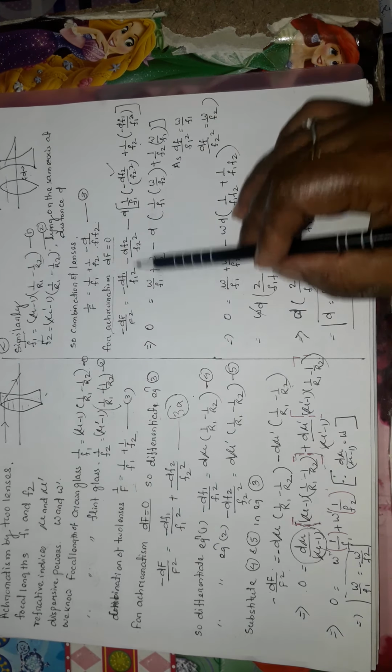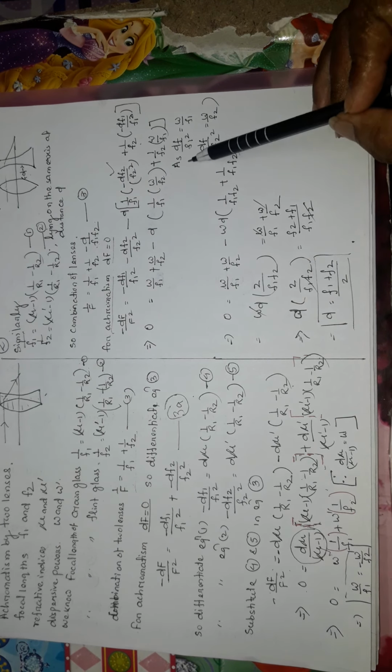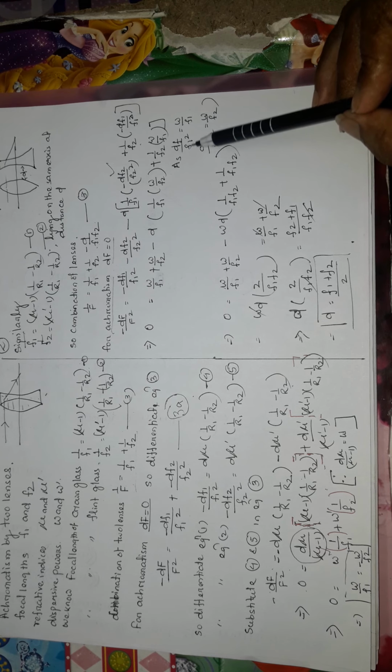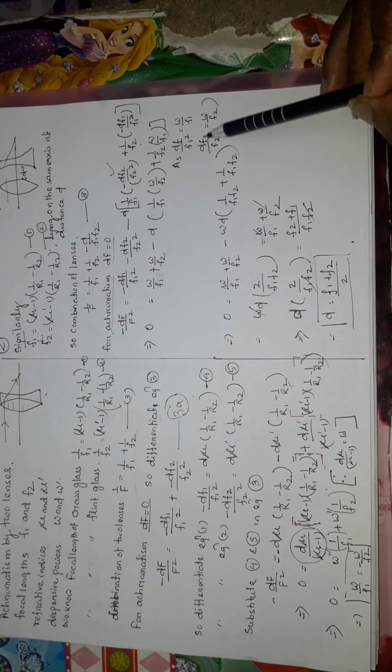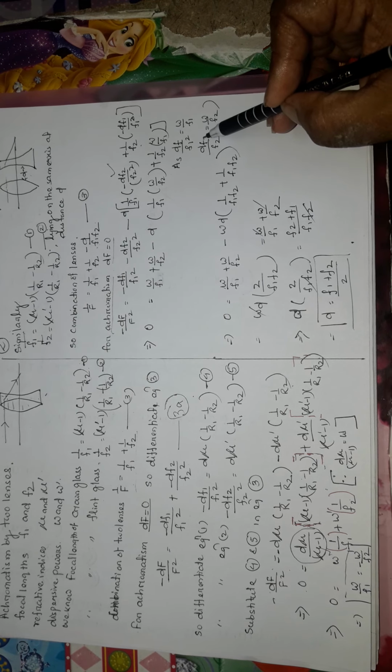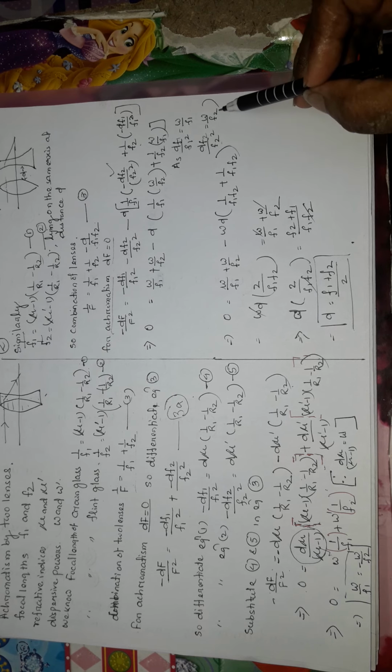After differentiation, we know that df1 by f1 square is equal to omega by f1, as I discussed here. Similarly, we can write df1 by f1 square equal to dispersive power by focal length, and df2 by f2 square is equal to omega by f2.